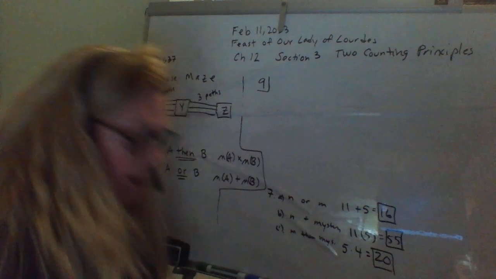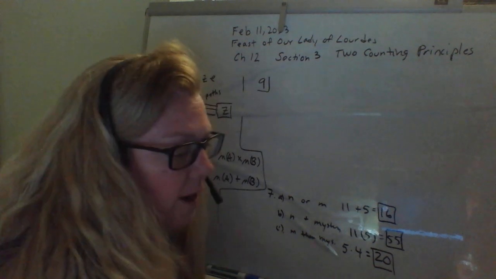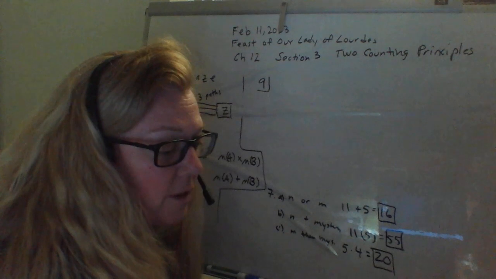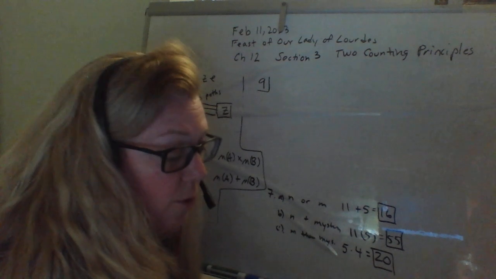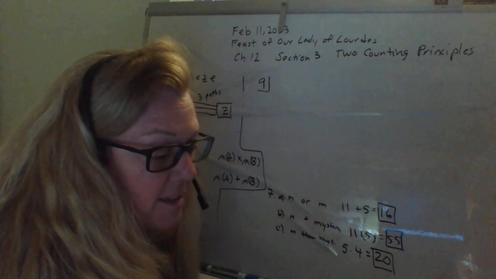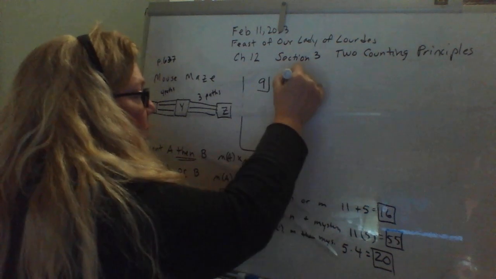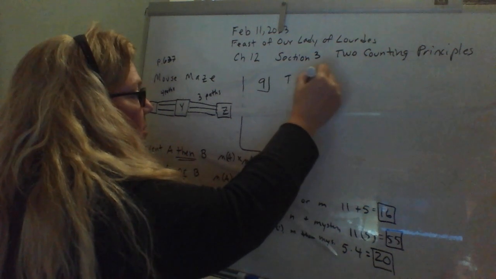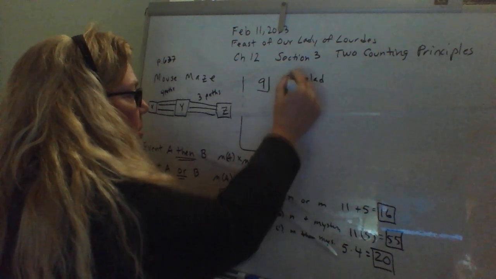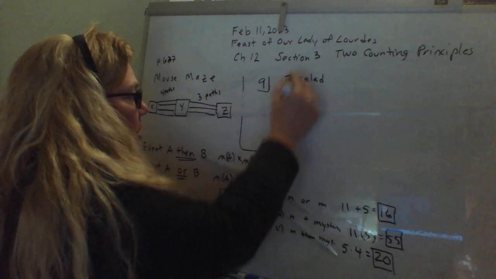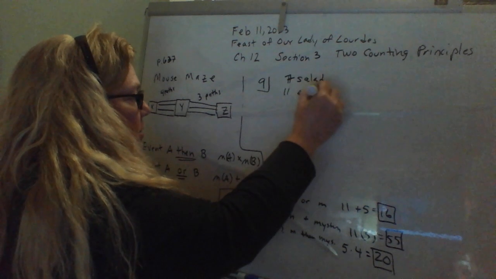Okay, so number 9. Where's 9? The menu at Valerio's lists 7 kinds of salad, 11 entrees, so we have 7 salads. 11 entrees.